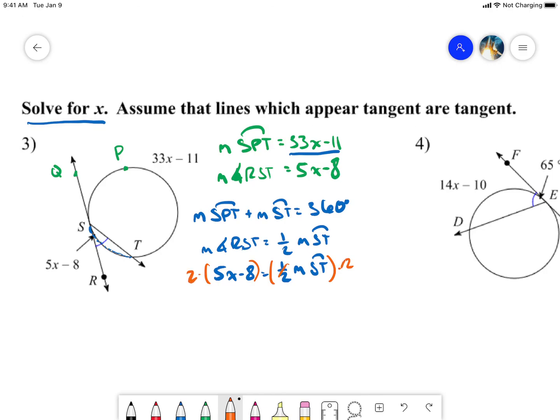Now remember, a lot of you have a common tendency to just multiply one of the values. I'm multiplying the entire side by 2, so I do have to distribute this 2. And so I get that the measure of arc ST is equal to 10x minus 16.